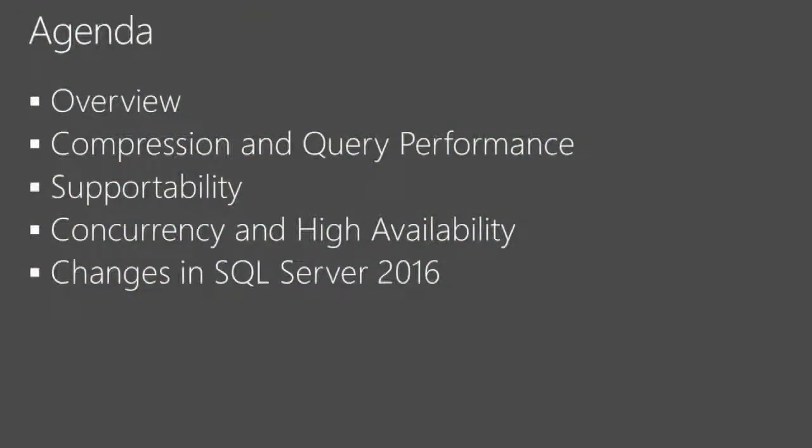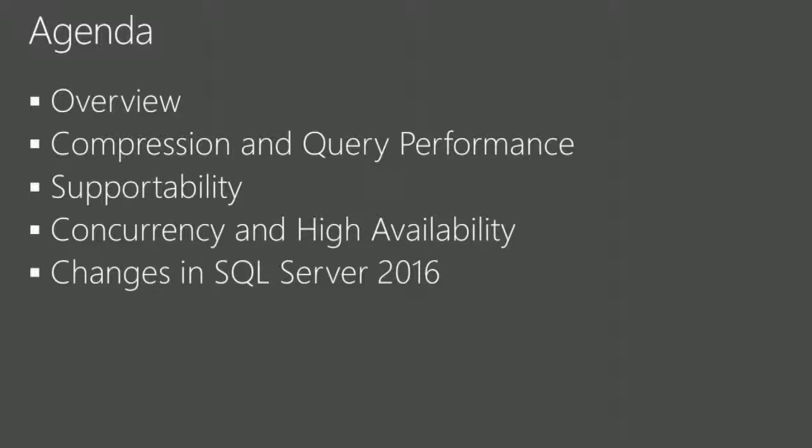The agenda for this talk is actually very simple. I'll give you an overview of ColumnStore technology, why we need it, the kind of compression we can get, the kind of query performance we can get, and how you monitor and manage ColumnStore. What we found was in 2014, the monitoring and management of ColumnStore was not as good.